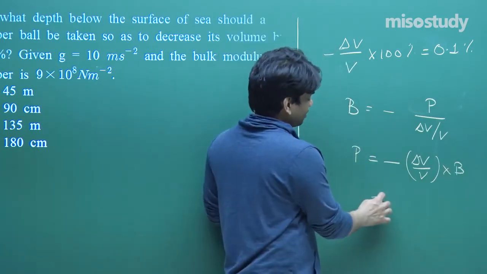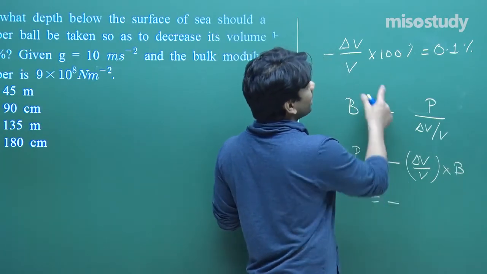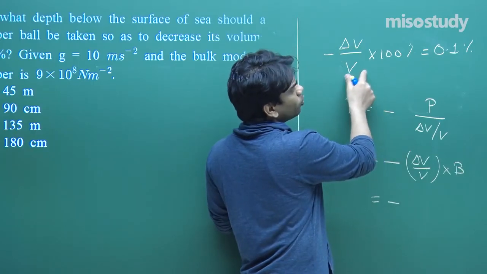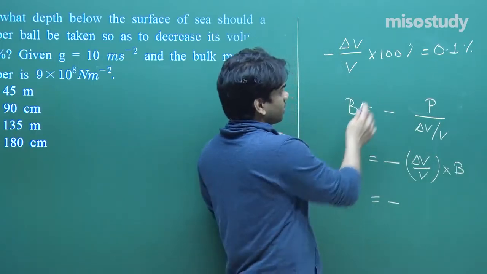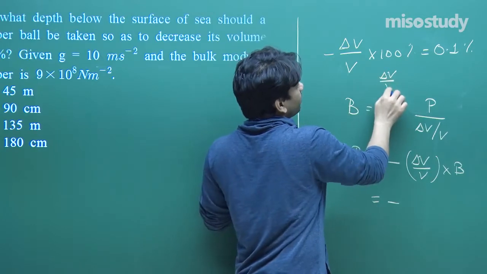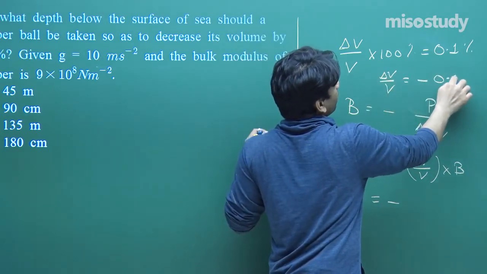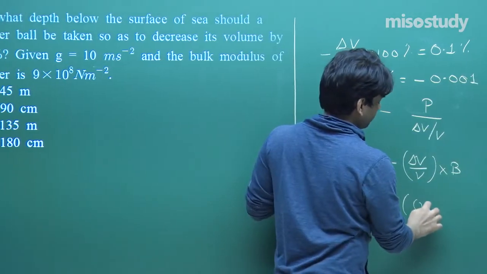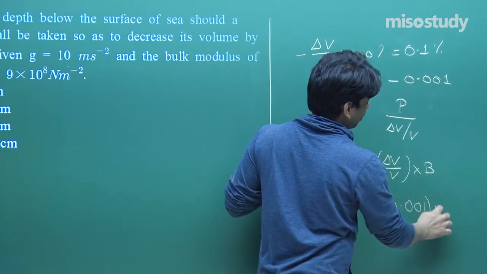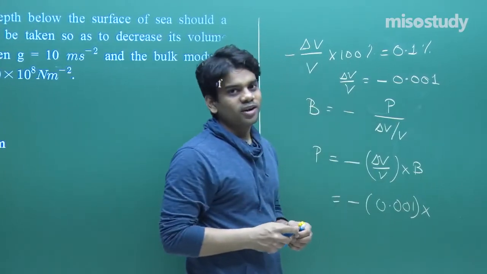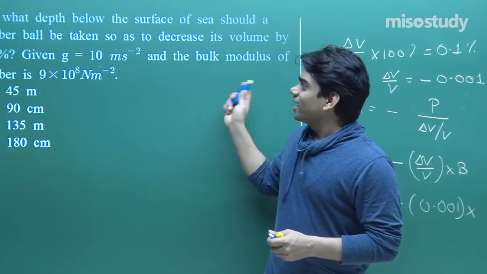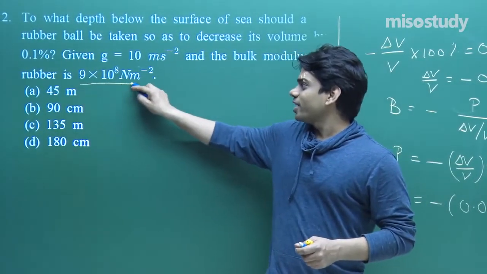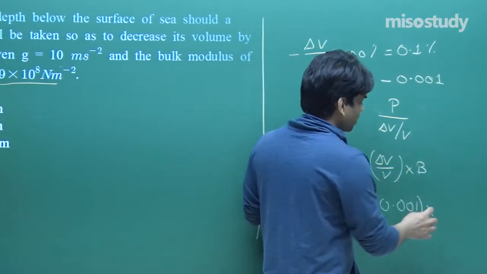Now substitute the value of delta V by V, which will be 0.001. That's quite obvious. Delta V by V will come out to be minus 0.001. So I'm going to put the value here, 0.001 multiplied with bulk modulus. The bulk modulus is given as 9 into 10 to power 8 Newton per square meter.